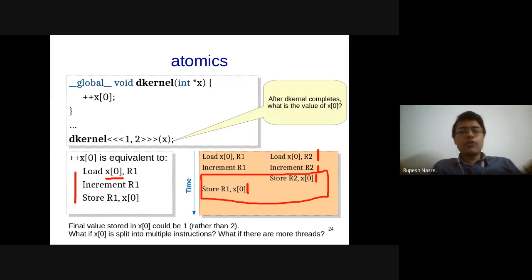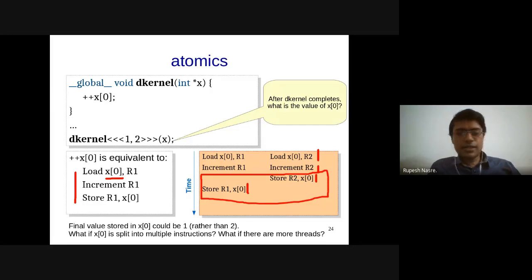They loaded 0, incremented independently to 1, and now both are writing to the same memory location in the same instruction. Therefore, they both are going to write 1. This particular code will not have non-deterministic output. It will always have deterministic output of a wrong value 1.